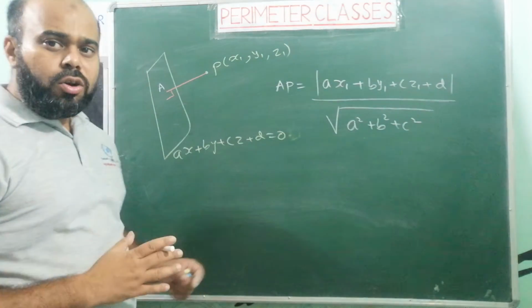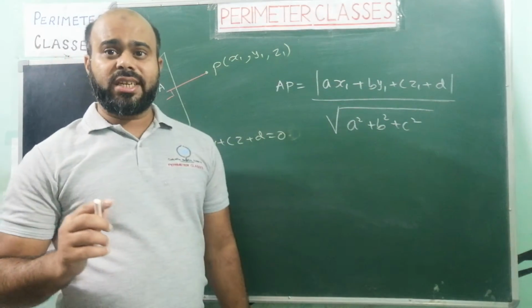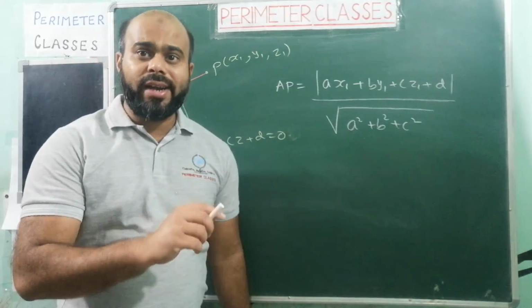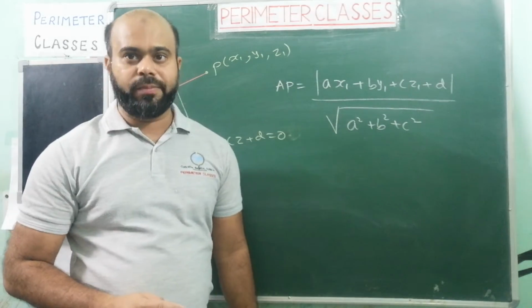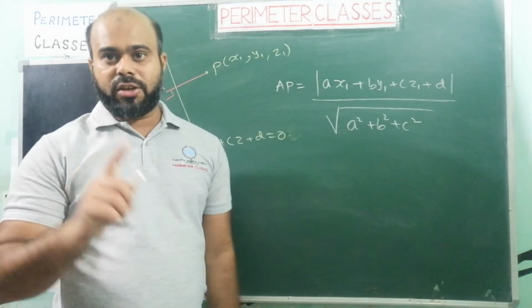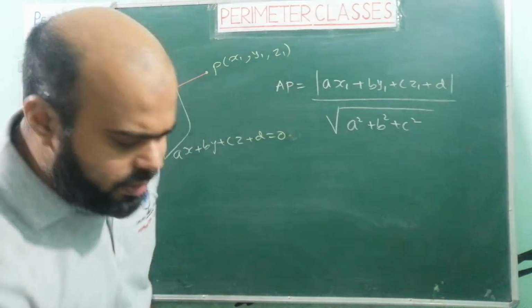This is analogous to the result of the distance of a line from a point in coordinate geometry. There we didn't have the z coordinate, so it is a similar result.